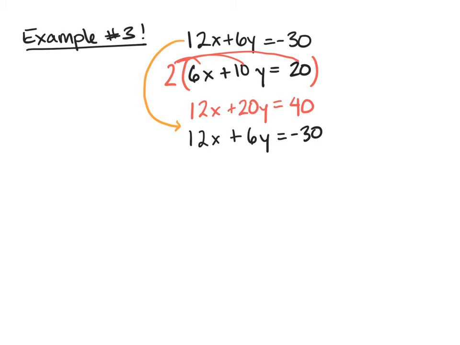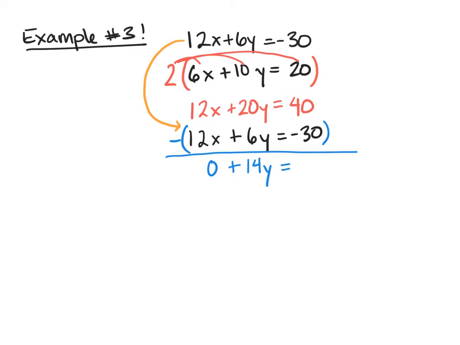So now I'm just going to subtract everything on that bottom line. So let's do this real quick. 12x minus 12x, that's just 0. Then I have 20y minus 6y. So 20 minus 6 is going to leave me with a positive 14y.